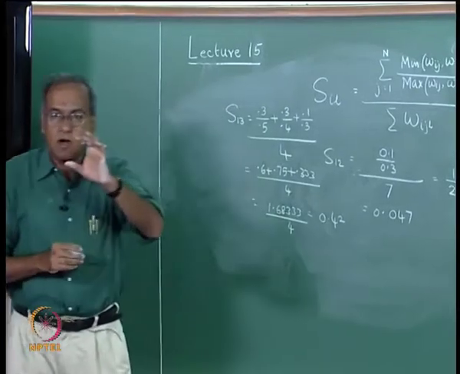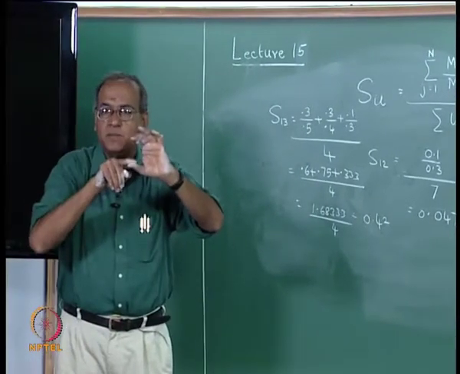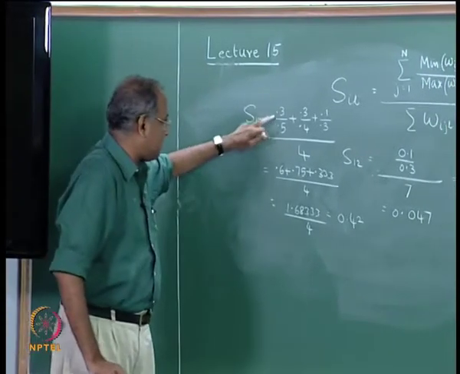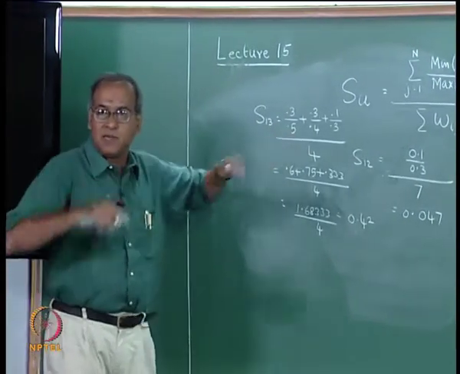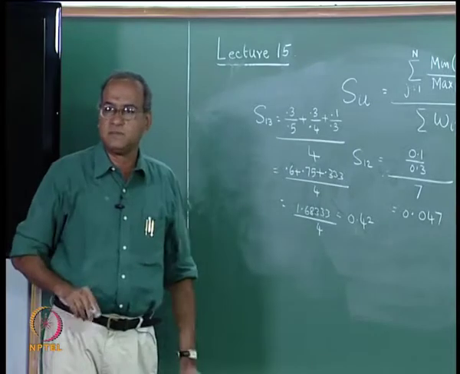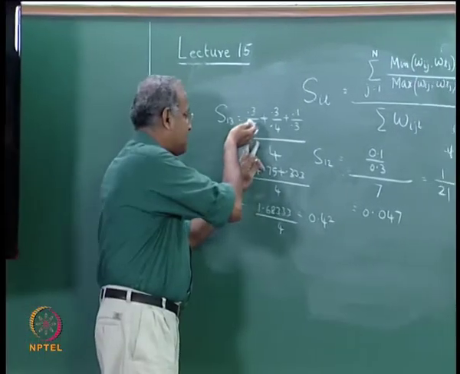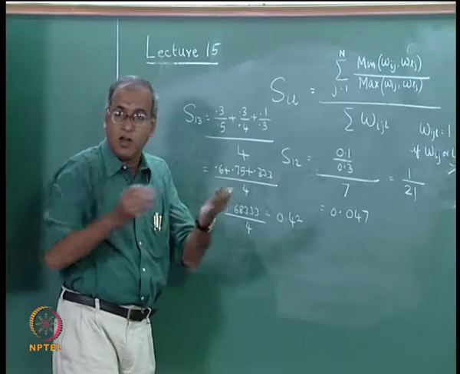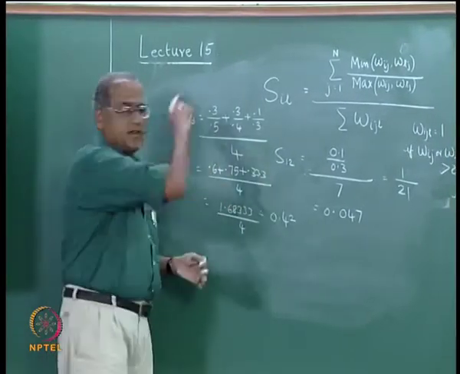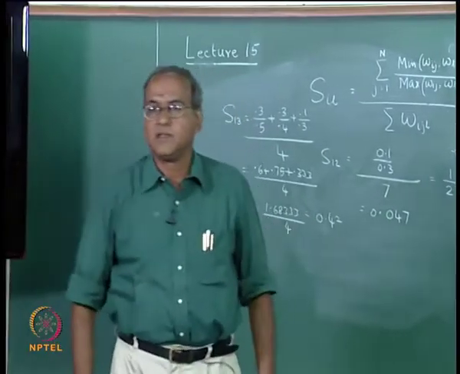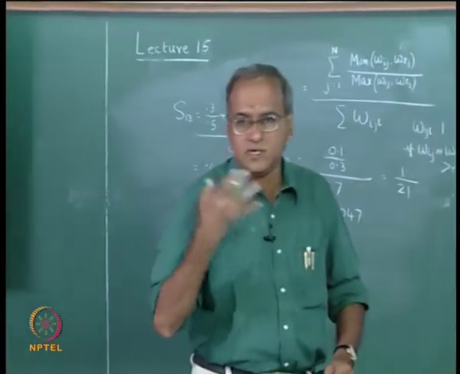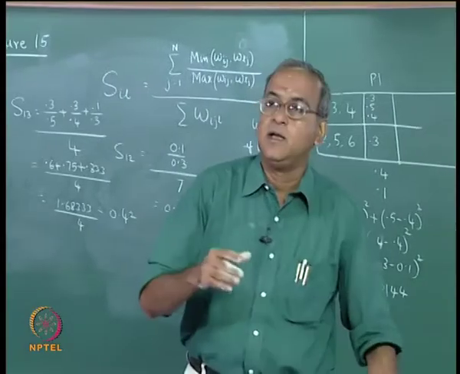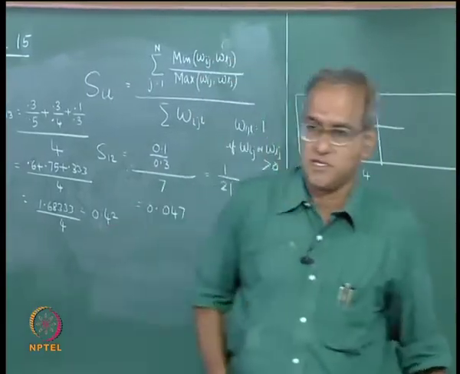So, if the loads are comparable, for example, if this is 0.3, this is also 0.3, then minimum by maximum is close to 1. Therefore, this similarity coefficient will be higher. And in a very ideal situation where all loads are the same, this similarity coefficient will be 1. Therefore, it is a good similarity coefficient which captures almost everything that we want to capture.